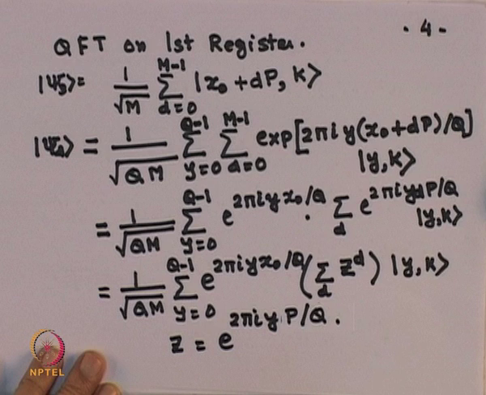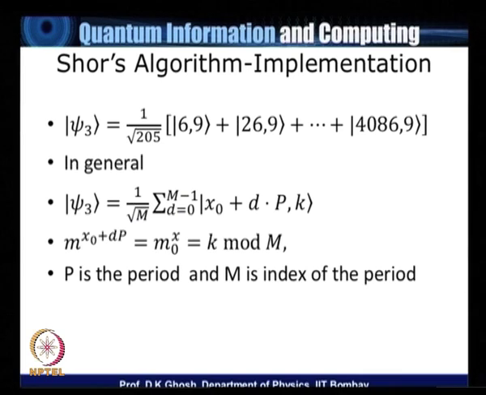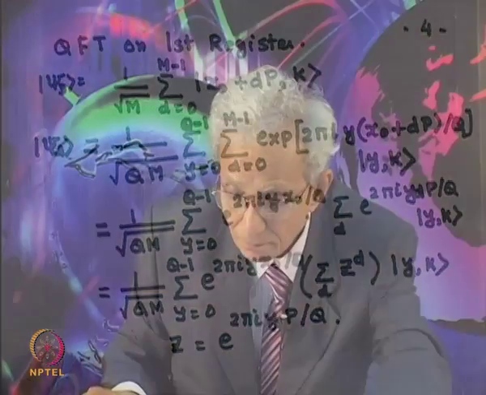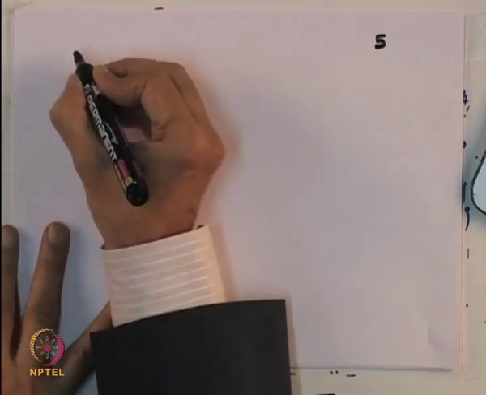Let us look at what this quantity gives me, because once I have this, supposing I were to measure the first register, what will I get?